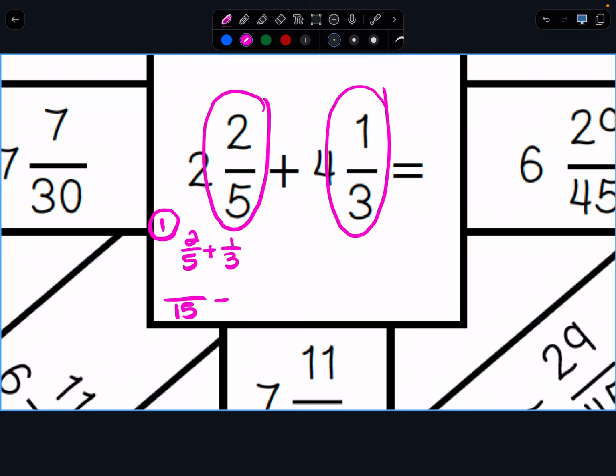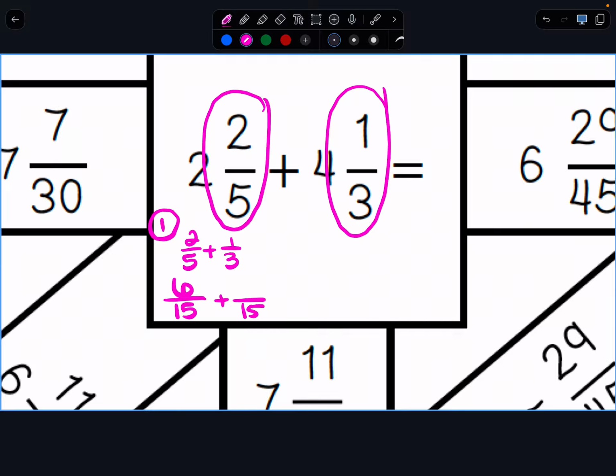So if I'm going to make both fractions 15, then the question is, 5 times what gives me 15? 3. So I have to take the 2 in the top and multiply it by 3, and so I get 6. How do I go from 3 to 15?